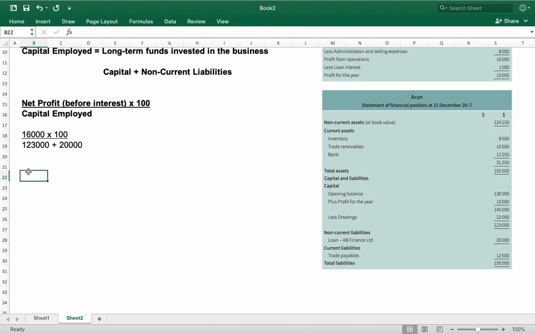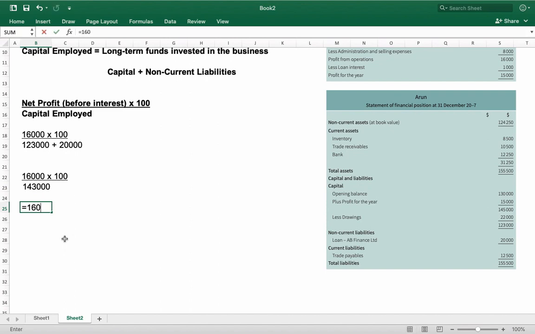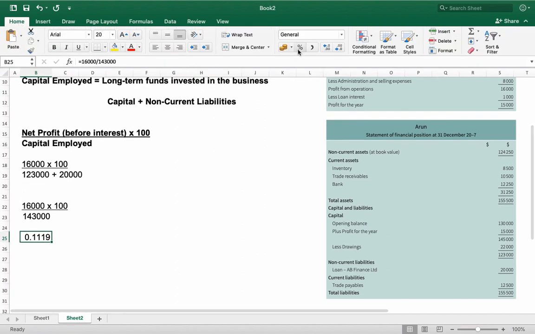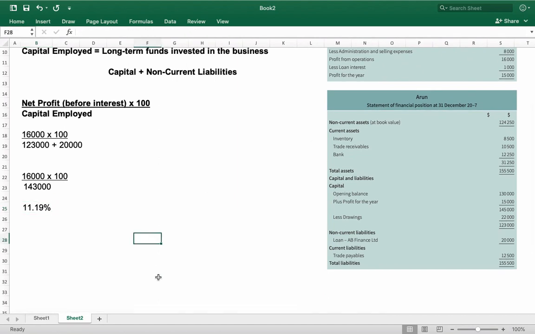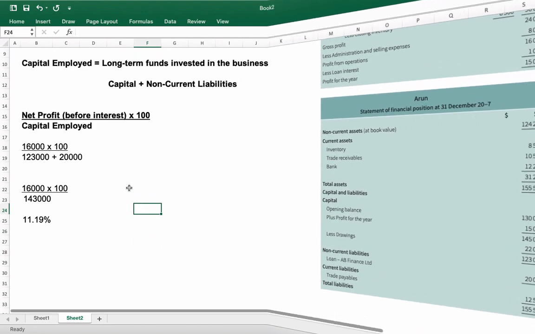So 16,000 multiplied by 100 and divided by $143,000. Now let me calculate 16,000 multiplied by 100 divided by $143,000. It will come 11 point, let me convert it into percentage, 11.19 percent. So this is how we calculate return on capital employed.